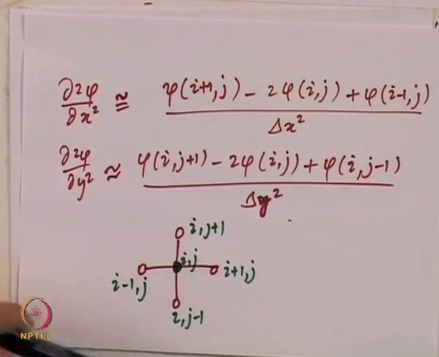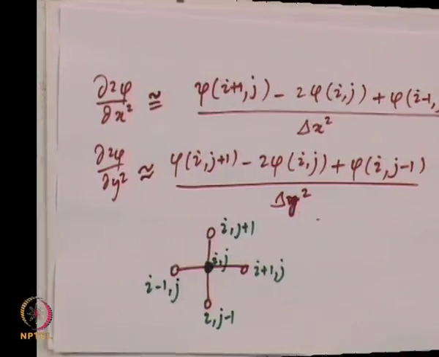So this is what we are going to do in this exercise. We are going to use this 5-point differencing method to take the Laplace equation from the continuous space to the finite difference space. So let us look into the code itself and let us see how the Matlab program can be used for simply solving this problem.